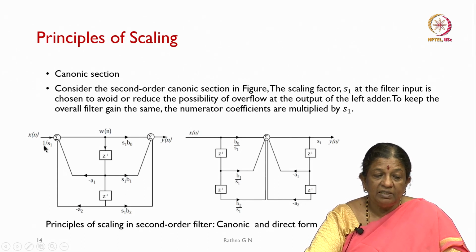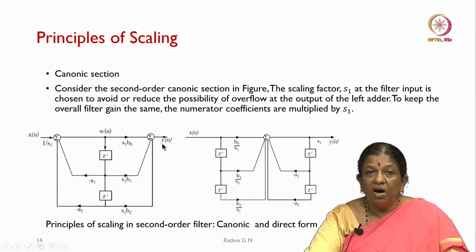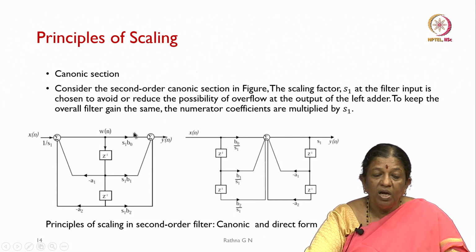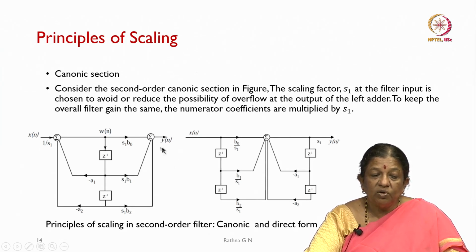As I said, it is scaled by 1 by S1, and when we want to get back our yn, either I can scale up here or provide it at these legs. If I take the scaling factor inside, as I was mentioning in the original thing, this is going to be B0 by S1, B1 by S1 and then B2 by S1.